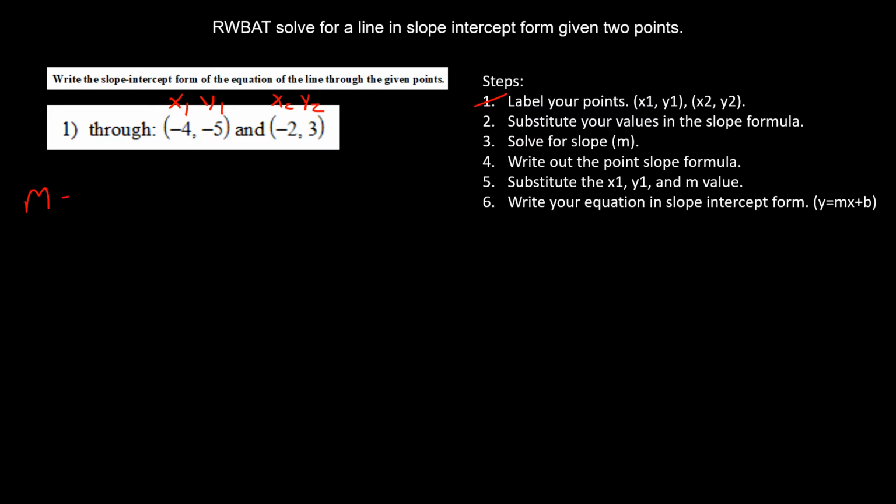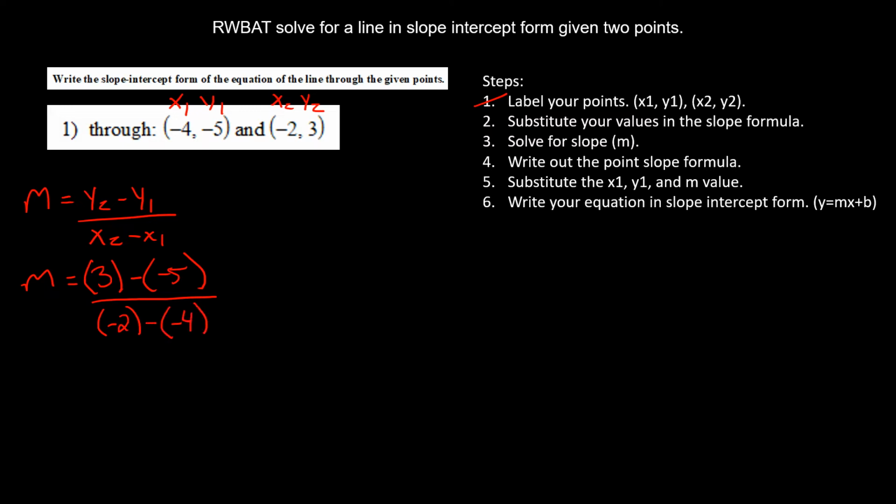So our slope formula is m equals y2 minus y1 over x2 minus x1. So let's substitute this in here. So y2 is 3. Remember, we always substitute in parentheses, minus -5 over x2, which is -2, minus x1, which is -4.